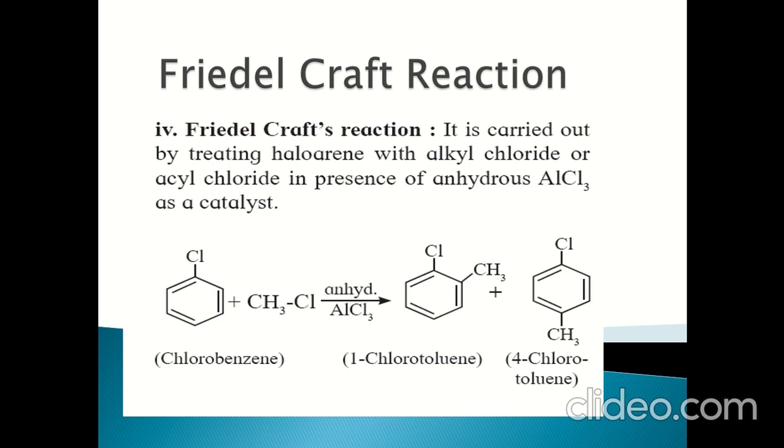So here chlorobenzene is treated with methyl chloride in the presence of anhydrous aluminium chloride. It gives 2-chlorotoluene and 4-chlorotoluene. So it is obtained at two different positions, that is the second position and the fourth position.